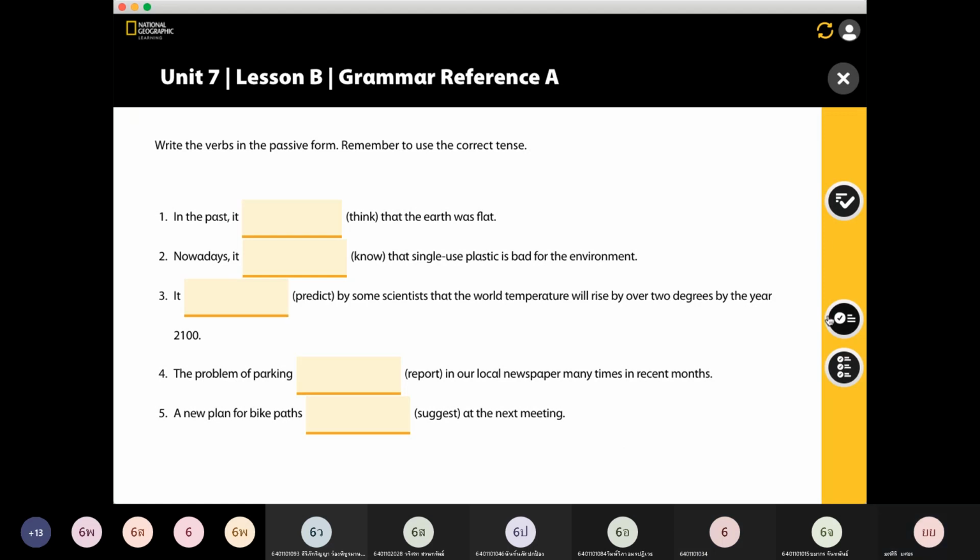In the past, it was thought. Yeah, that's right, because it's in the past. Number 2, it is known that, because it is known nowadays.